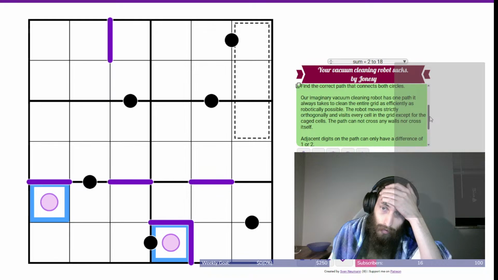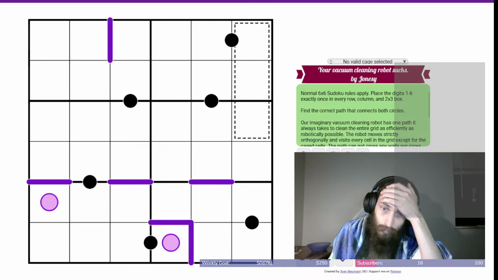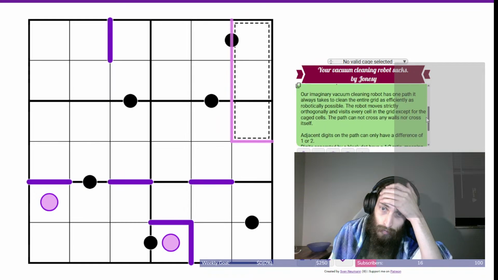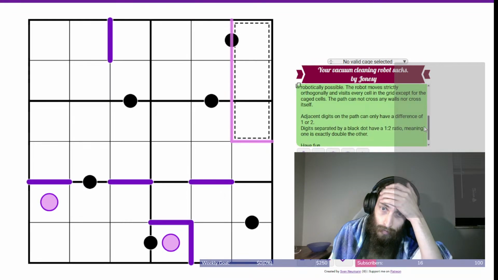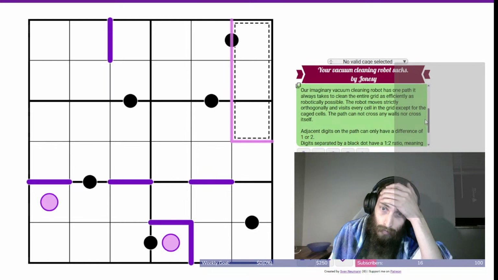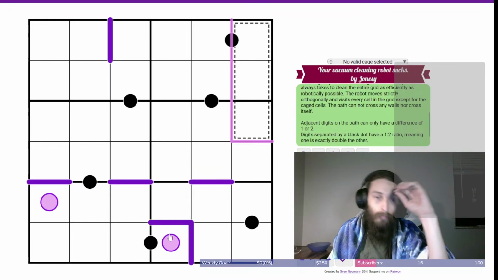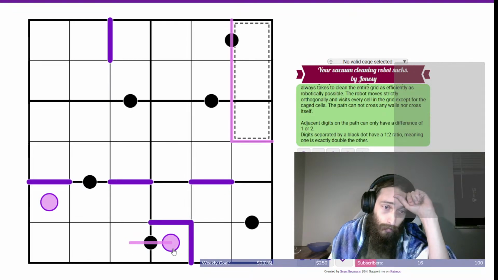Strictly orthogonally, and visits every cell in the grid except for the caged cells. So we don't cross that line. Cannot cross any walls nor cross itself. Well, we know it's going to have to go this way.